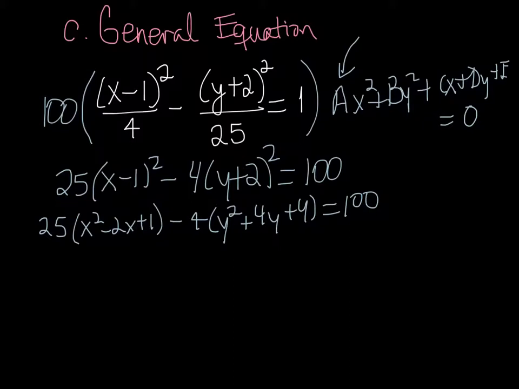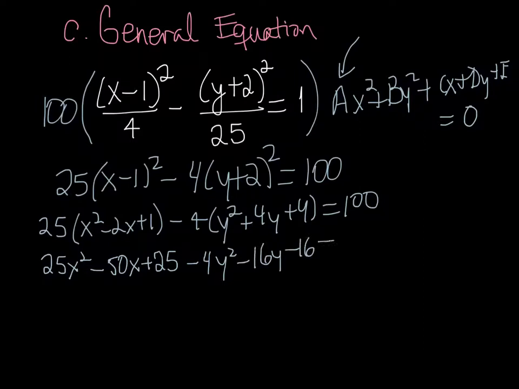Then we multiply 25 times x squared, which is 25x squared, 25 times 2 is 50x, then plus 25 times 1, which is 25, then minus 4y squared minus 16y minus 16, and everything is equal to 100.